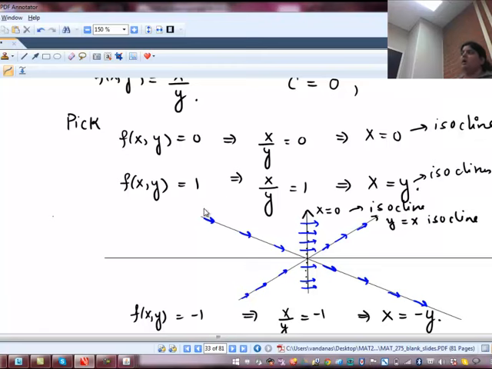So how will the solution trajectories look like in this? Now if I go back and see my direction fields, what will happen when x is 0? If the slope x over y can be infinity, I mean y equals 0, then this slope will be infinity.